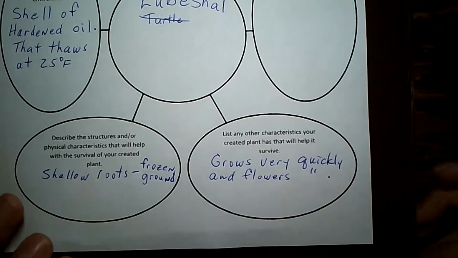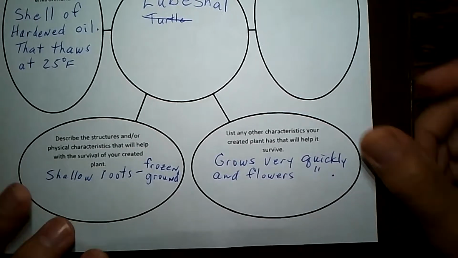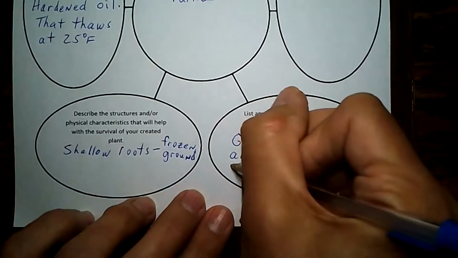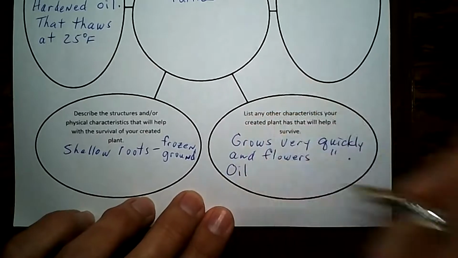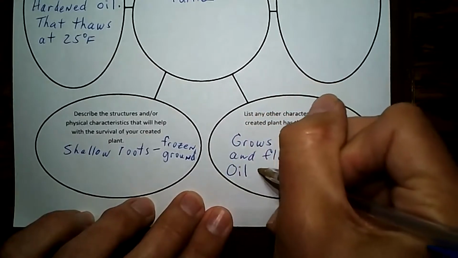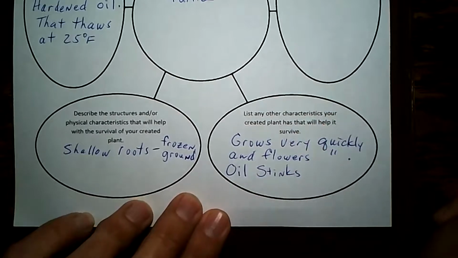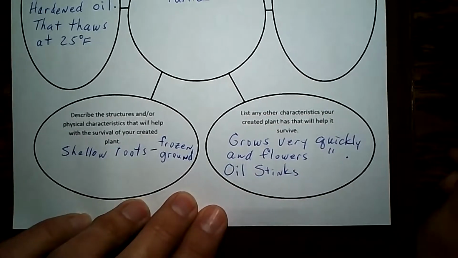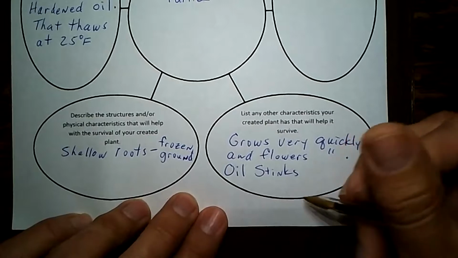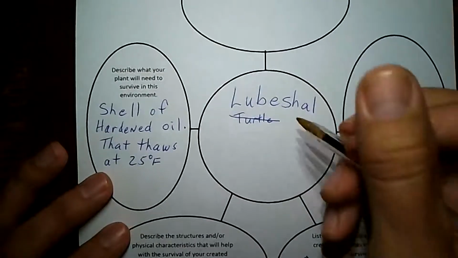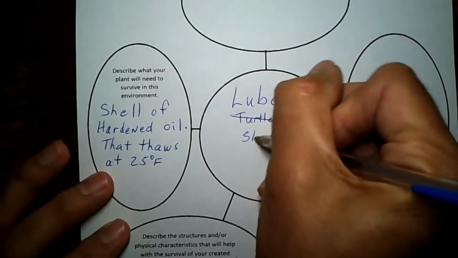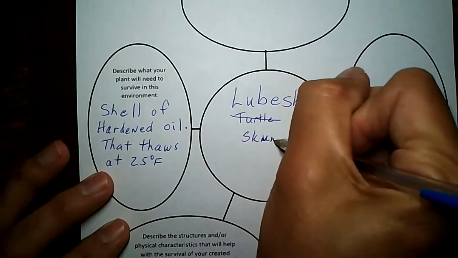And what about this oil? I'm thinking, I don't know, kind of like a skunk. The oil stinks, so it'd keep animals from eating me, something like that, which could take me back to the name. Could I make the name have something to do with a skunk?